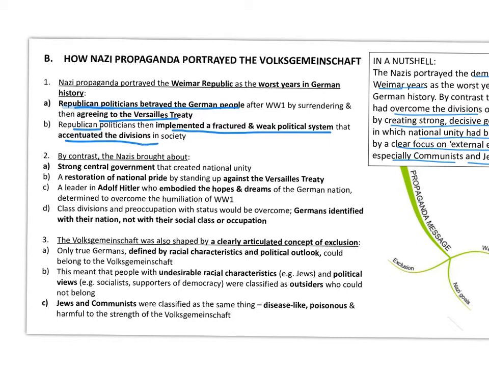And by contrast, then, the Nazis swiftly brought about strong central government which created national unity. The Nazis claimed to have restored national pride, that their leader Hitler, as we have seen in the recent lessons, stood up against the Versailles Treaty.